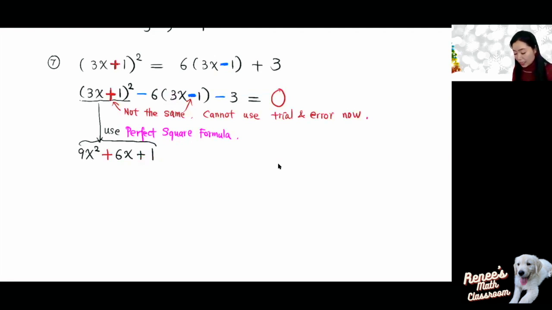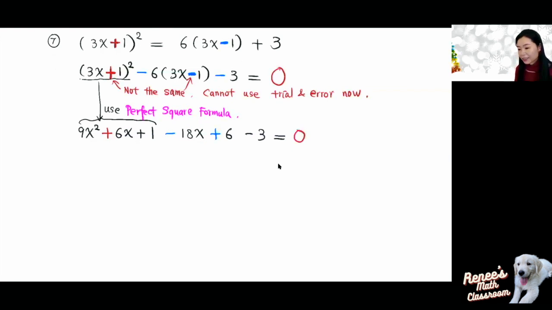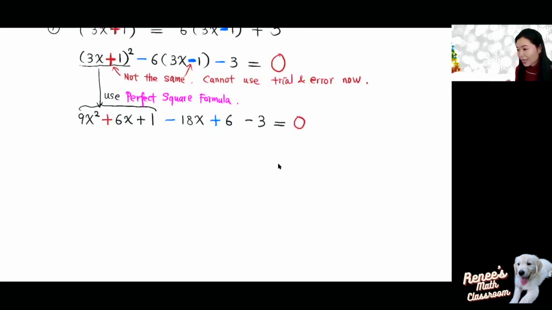Okay, now for this one over here, let's just distribute this. So distribute here, so become minus 18x, and then negative times negative is positive, so adding 6, and then now minus 3 equal to 0. All right. Now after this, you can see that what we need is a quadratic equation, right? Now we're going to combine like terms.